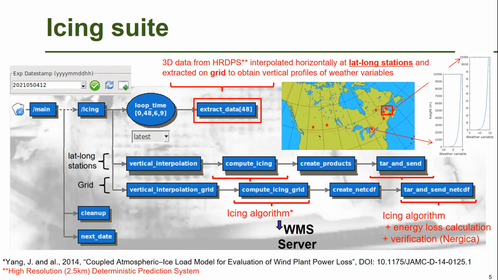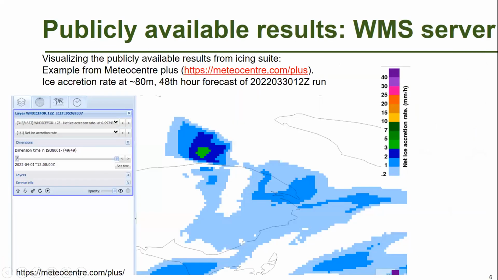And for the grid part, we have recently begun to make data accessible on a WMS server at 3 model levels in an experimental mode. I'll show you an example now. So first of all, WMS stands for Web Map Service. It's a standard protocol for serving geo-referenced map images over the internet. Data on the server can be visualized using, for example, the web interface called MeteoSound Plus, whose link is provided here.